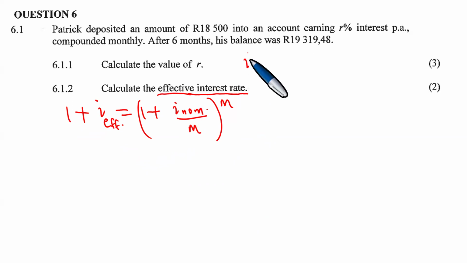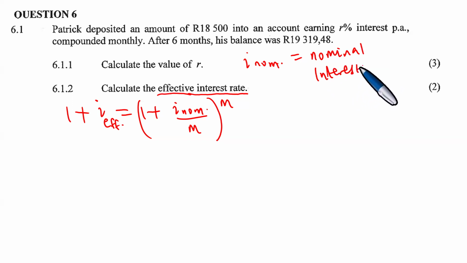And then this one, the I nominal, means the nominal interest rate. So now we want to calculate the effective interest rate, and to calculate it we proceed as follows.